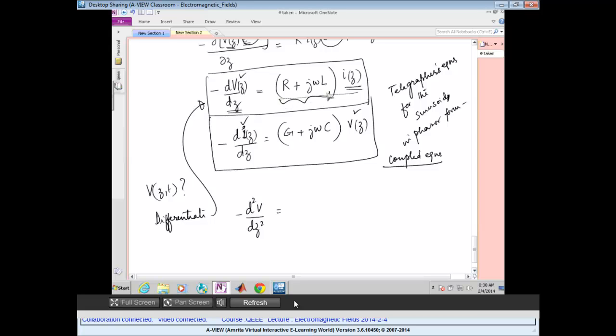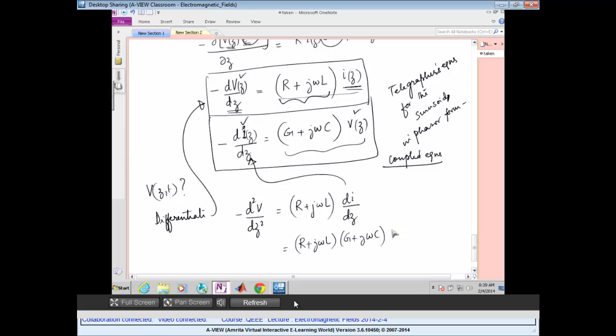R, j omega L are constants with respect to space, so they come out as constants. Differential of I with respect to z is di by dz, and quickly substitute this di by dz in terms of the right side here.